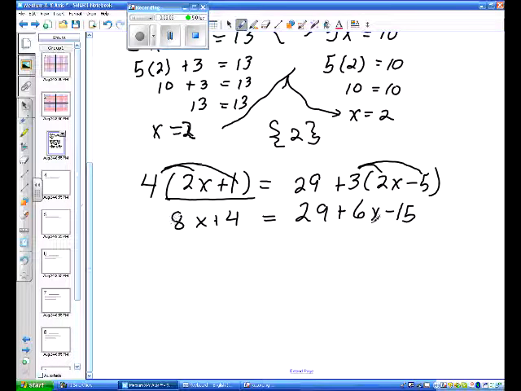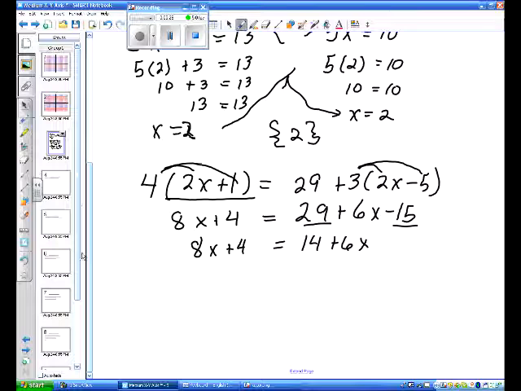So what we've done is we've removed our parentheses. Now over here we have some like terms that we can combine to make that just a little bit simpler. So we've got 8x plus 4 is equal to 29 minus 15, which is 14, plus 6x.